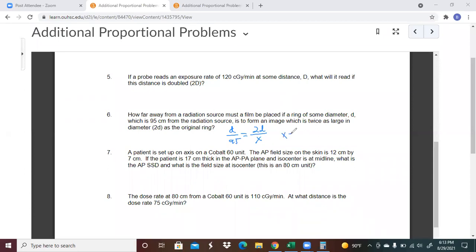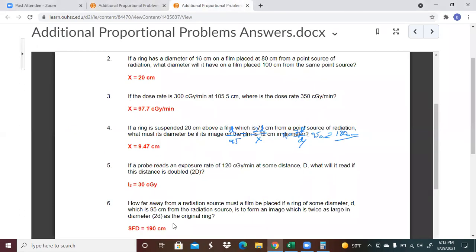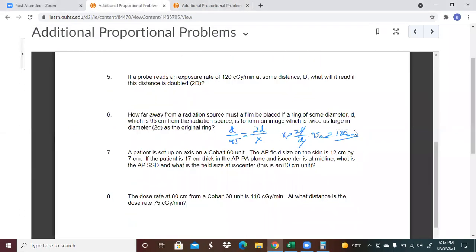So we end up with x is equal to 2d divided by d times 95. Should be 180. I'm sorry, not 180, 190, because I can't do math. Let's try this, because 95 times 2 is in fact 190. There we go. All right.